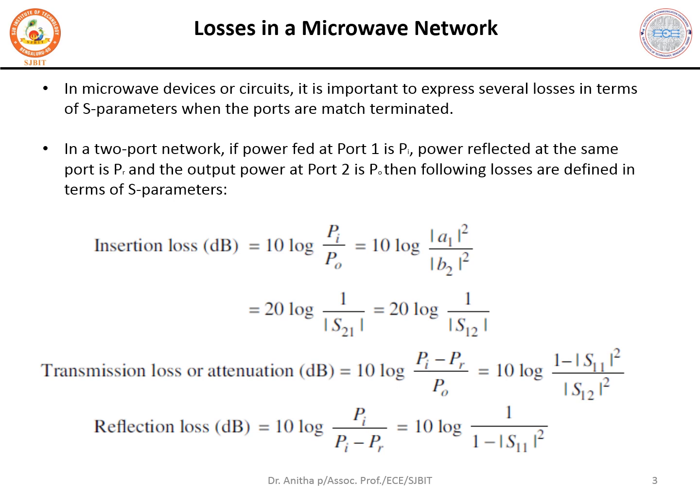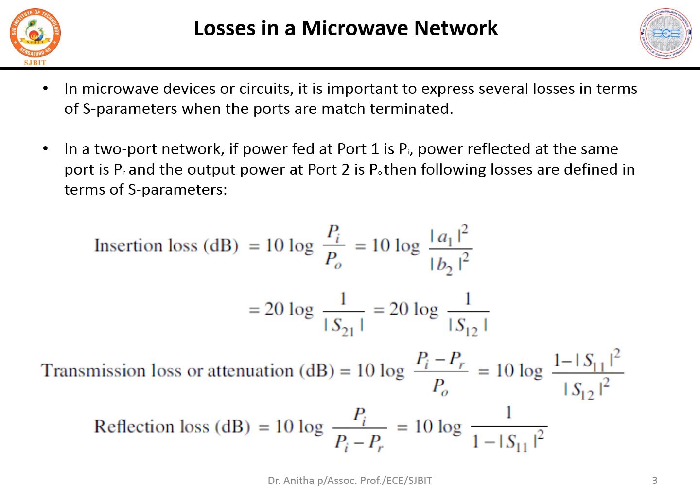Similarly, another type of loss which we have is the transmission loss, or we call it attenuation. At the input port side, input power is Pi and reflected power is PR. So Pi minus PR is the actual power which is entering into the port. Let us consider 3 watts has been reflected, P0 is 6 watts and Pi is 10 watts.